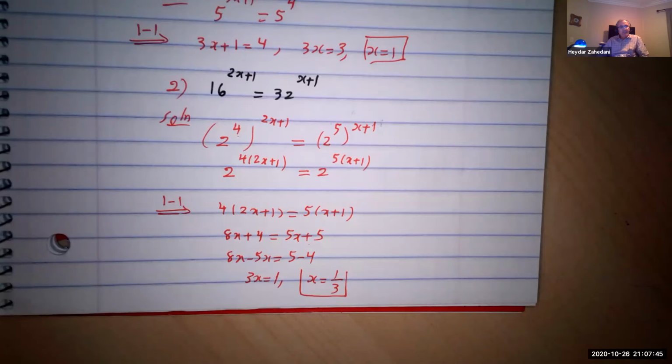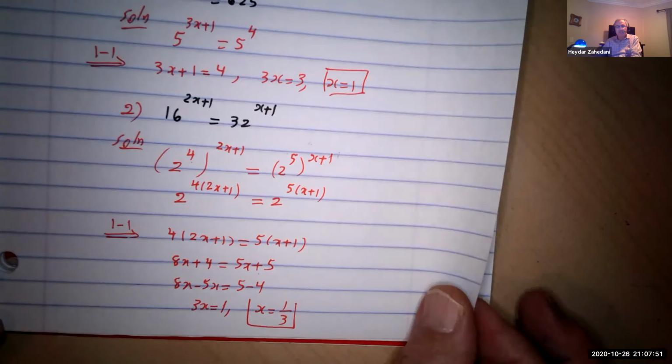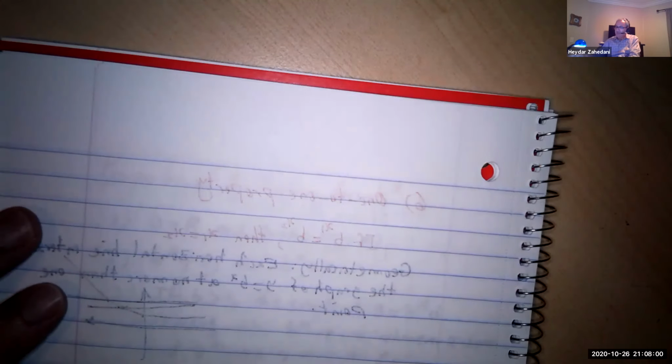Okay. So there is one more, and you have it in your assignment. Let's see what the other one is. Number 3. What is the third one? The function is of this format.